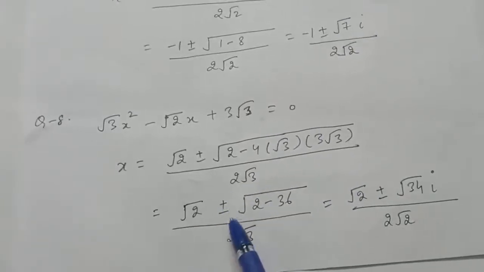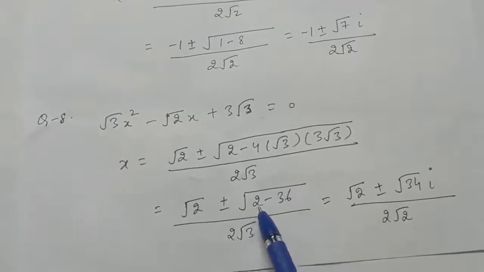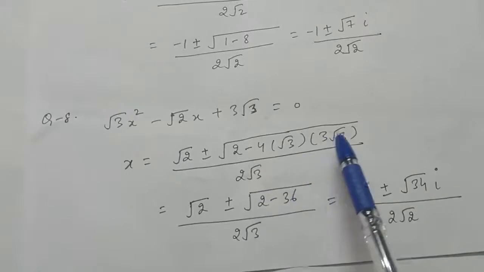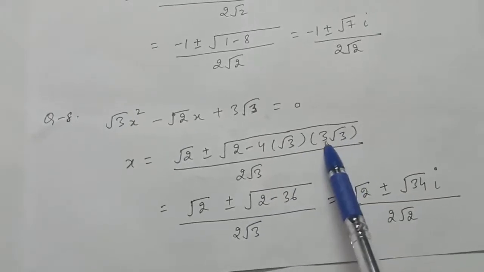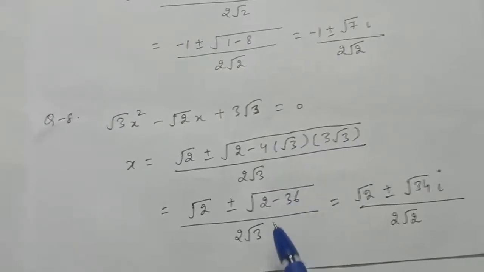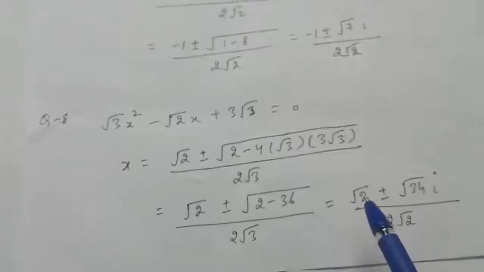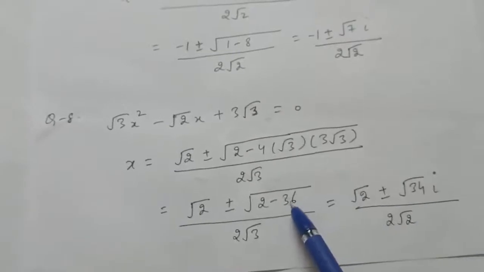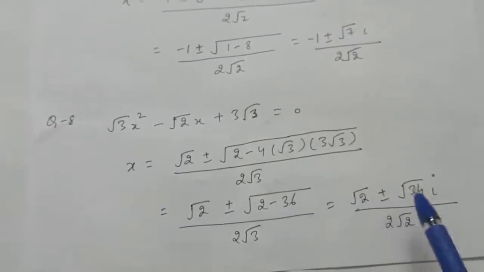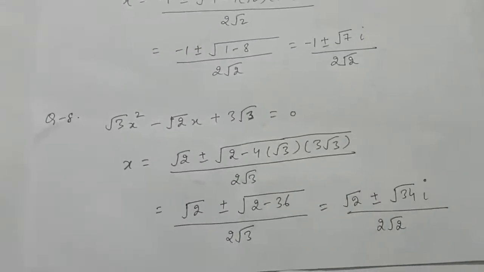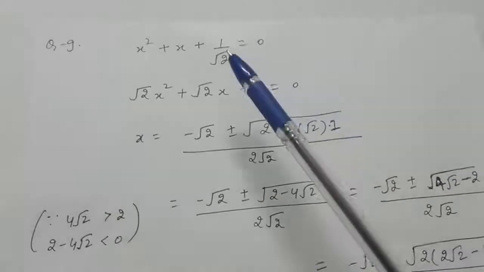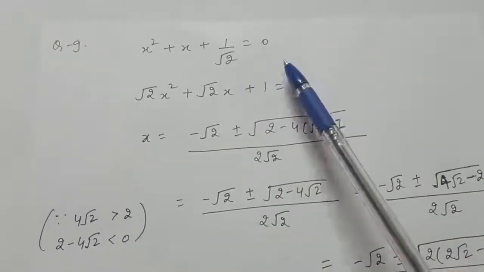Now root 2 plus minus, inside the root, 2 minus, now this will be 36, because root 3 into root 3 is 3, 3 into 3 is 9, and 9 into 4 is 36, upon 2 root 3. So you will get root 2 plus minus, now this is under root minus 34, so it can be written as root 34 iota upon 2 root 2. Clear?